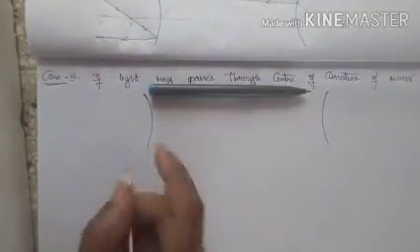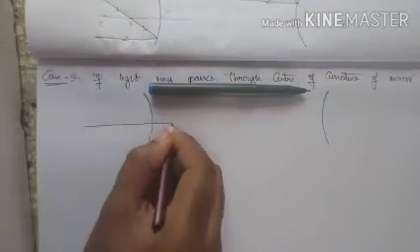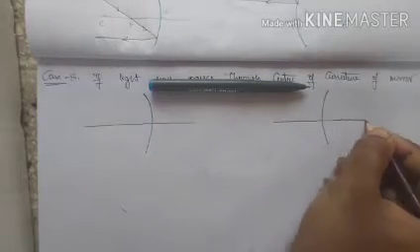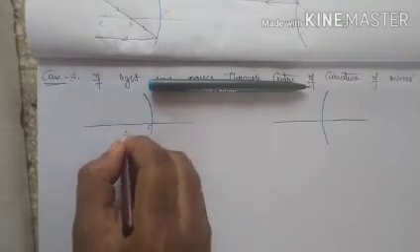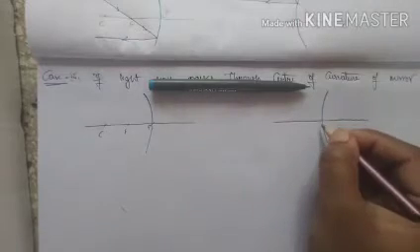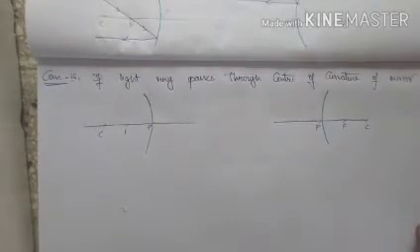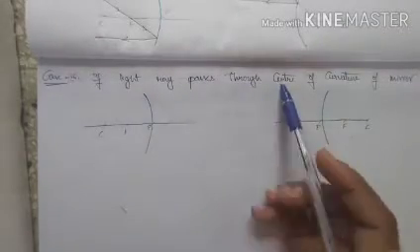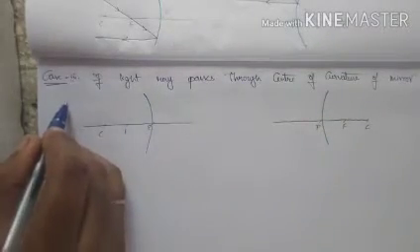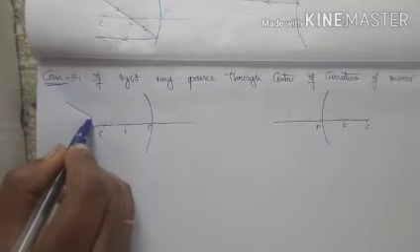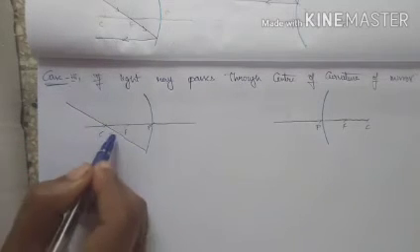Then you have the principal axis, pole, principal focus, center of curvature, pole, principal focus, center of curvature. Here the case we have taken is: passes through the center of curvature.